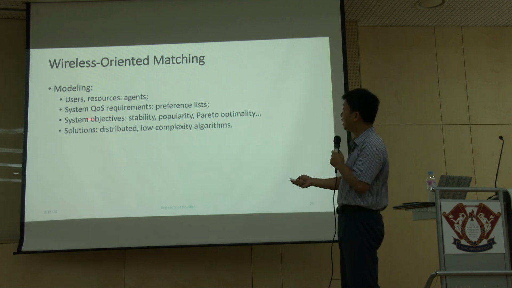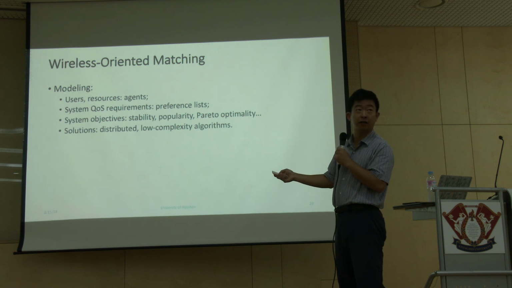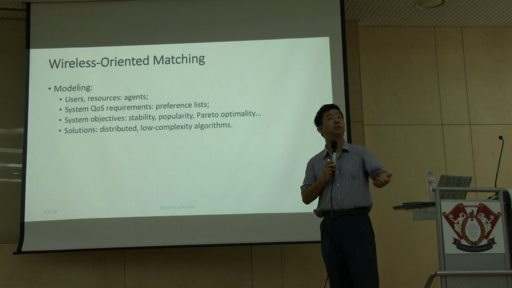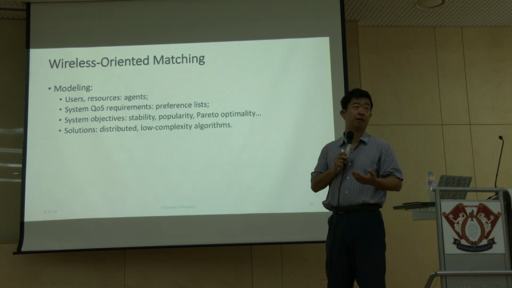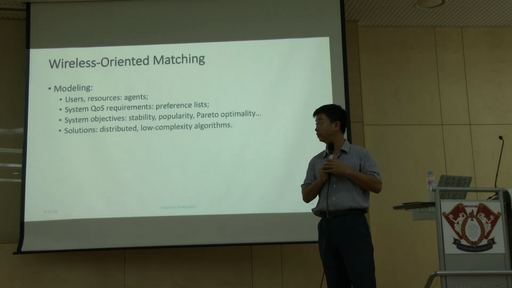And then we have the QoS requirement, which can be quantified as the preference list. But sometimes the QoS requirement can be multi-objective. For multiple objectives, you can use fuzzy logic and put that into the preference list. So in other words, the preference list can handle the multi-objective function.